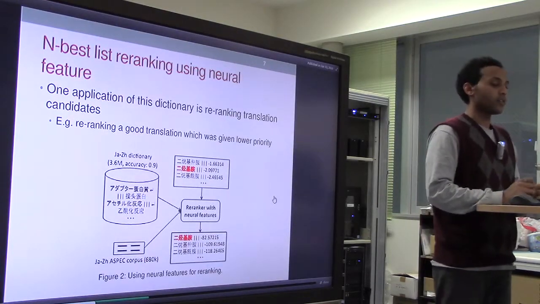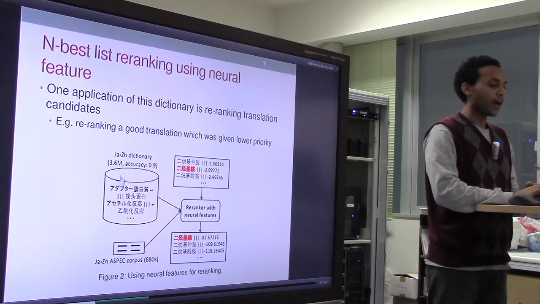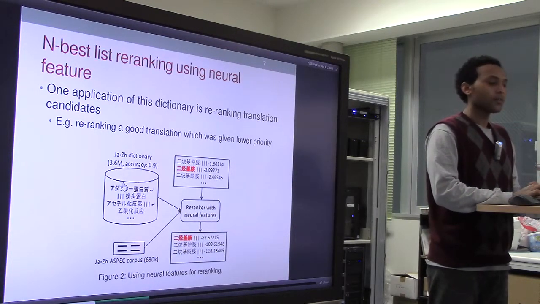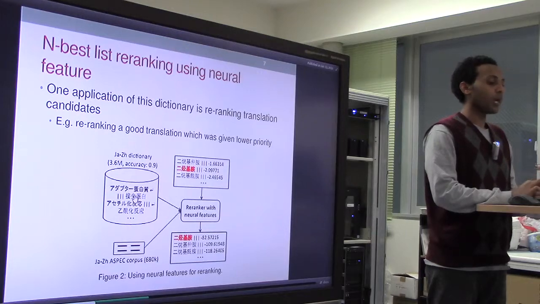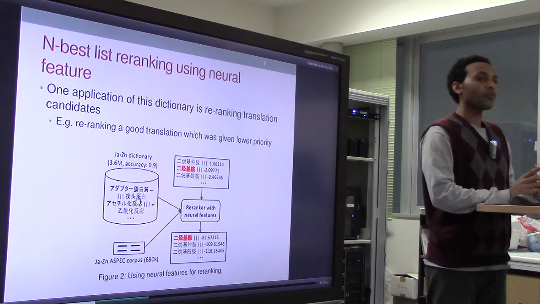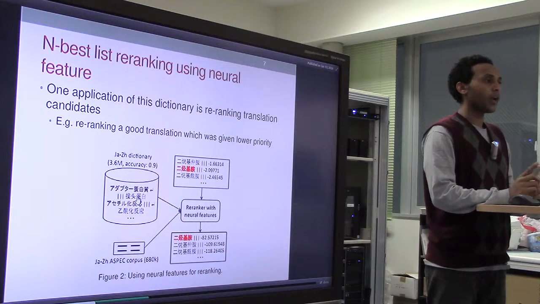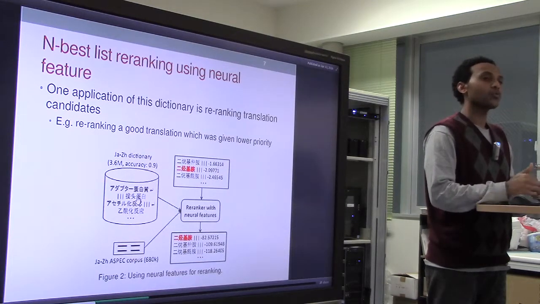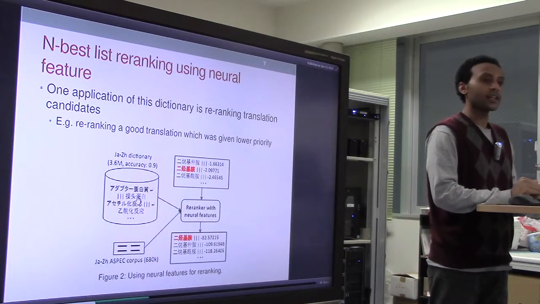After the translation is done, they have a dictionary, but the translation pairs might not be in the correct priority or in the correct order. So in order to formulate a correct dictionary, they had to re-rank the translation candidates.